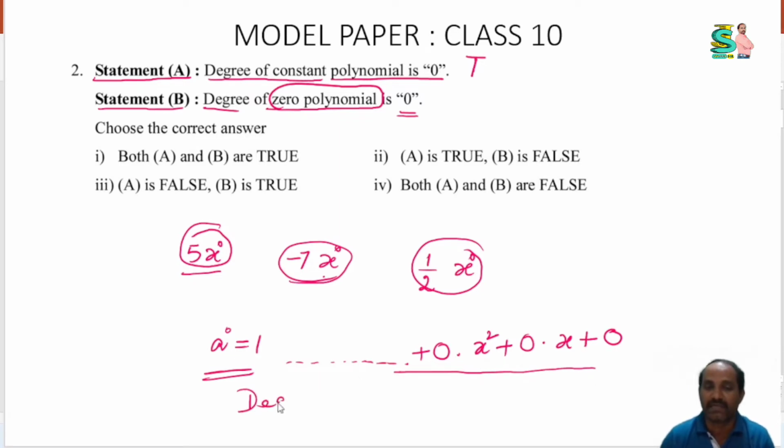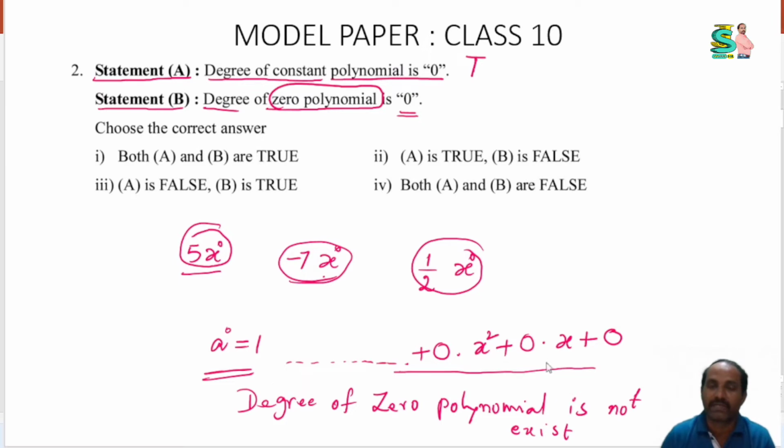What does it mean? Here it is given that the degree of the 0 polynomial is 0. This one is false.